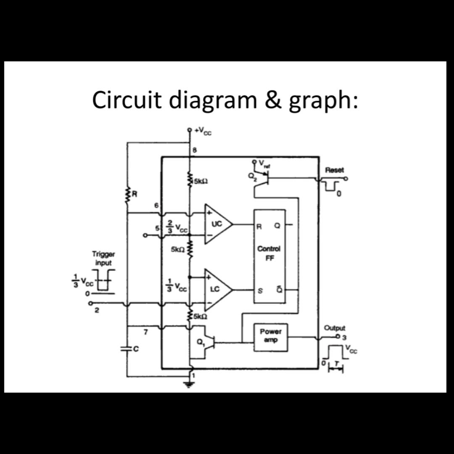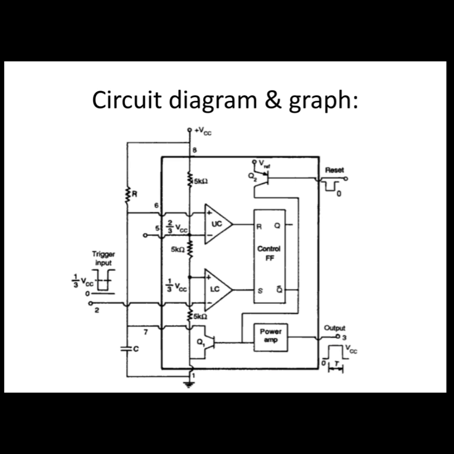The inside of the IC555 timer basically consists of two op amps, the upper comparator and the lower comparator. In the upper comparator, the input terminal will be the inverting terminal, and in the lower comparator, the input terminal will be the non-inverting terminal.